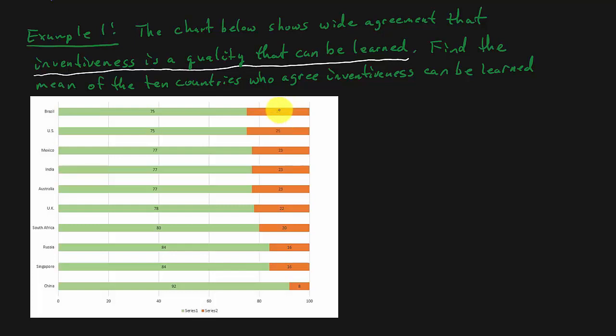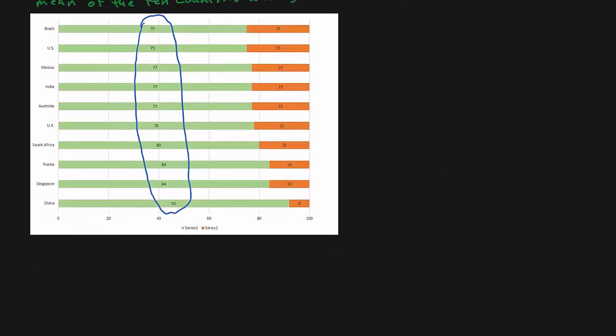What they want us to find is the mean of the percentages who say inventiveness can be learned. So basically we find the mean of these numbers here. I know it doesn't have the percent sign on it, but they're percentages.